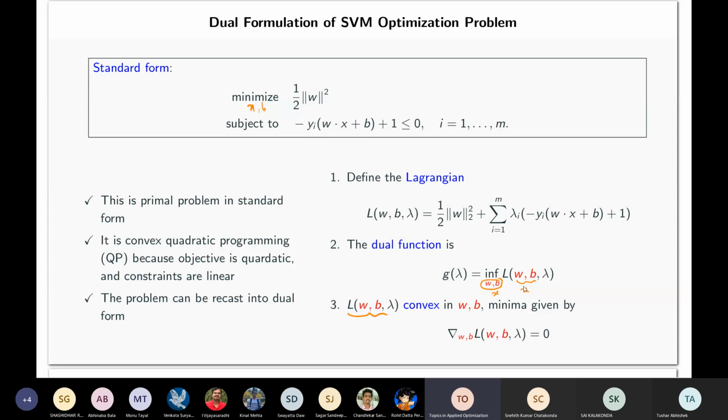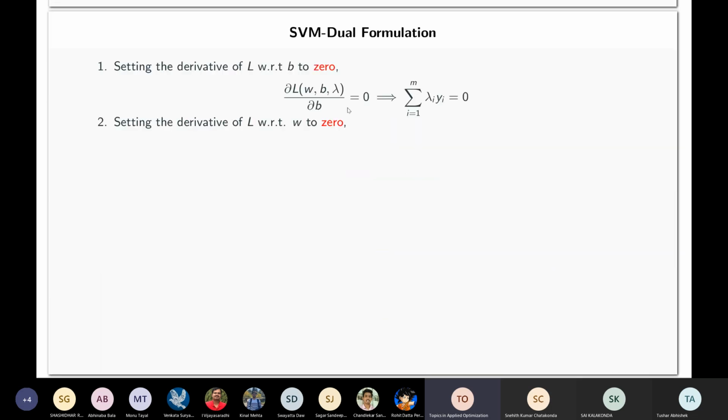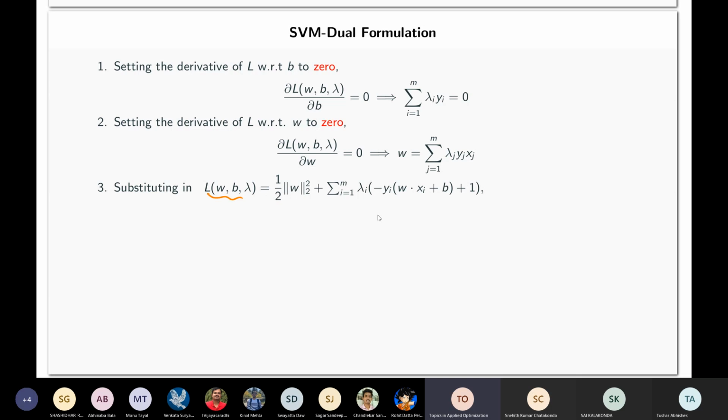If we infimize this over that, we get this. The first order condition is this, and this is what we found, and we have substituted W there. So this is the dual function that we got after substituting W.